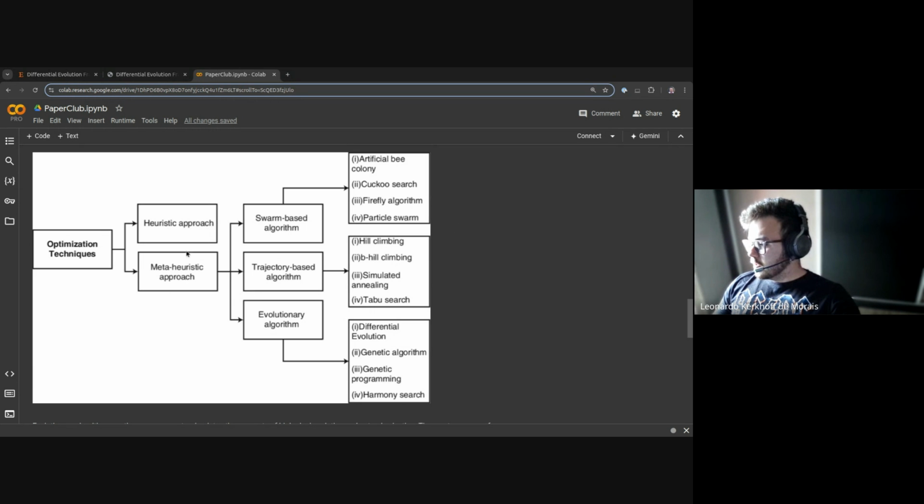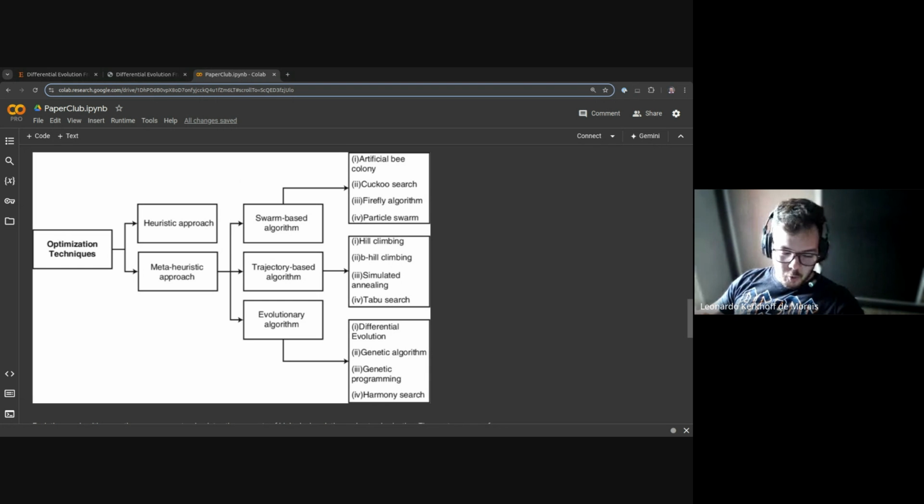So we are inside the metaheuristic approach. Those are like general tools to fit any problem. And inside this, we have the swarm-based algorithms. Those are population algorithms that are usually modeled upon animals' behavior. So we have the bee colony, we have the ant colony, the firefly algorithm, the dragonfly, the bat algorithm, the wolf algorithm, and so on.